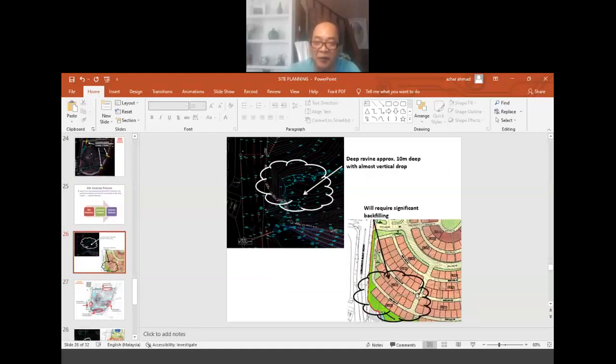We will take note that there is a deep ravine here, which will require significant backfilling. And not only that, we see from the development plan that there are roads very close to the site boundary, and also some buildings within this zone of deep ravine. So it would be a cause of concern in terms of backfilling.